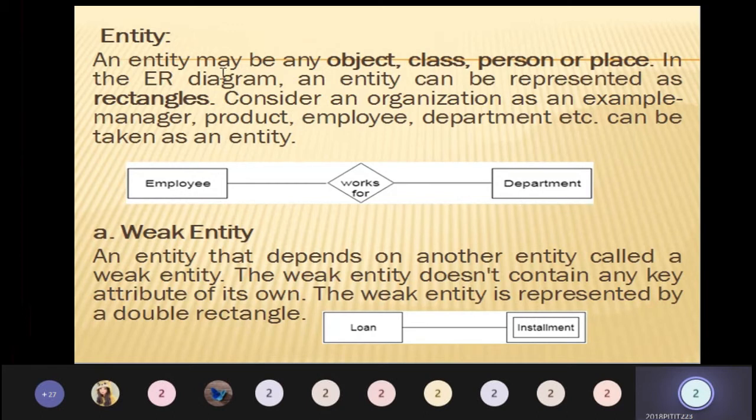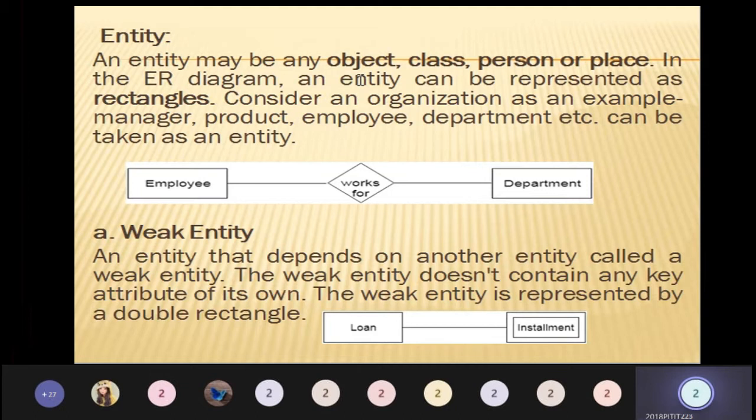Okay, the entity may be any object, class, person, or place. In the ER diagram, the entity can be represented as a rectangle. Considering the organization as an example, the manager, product, employee, department, etc. can be taken as an entity.